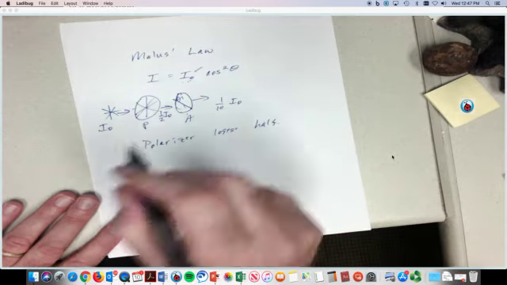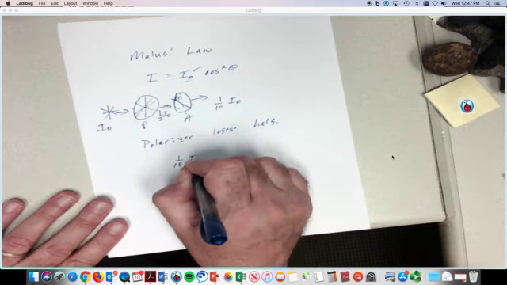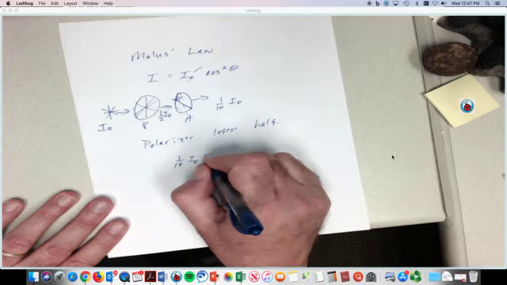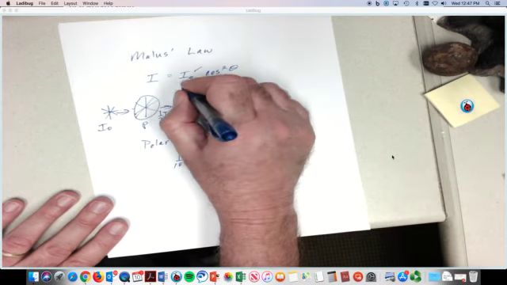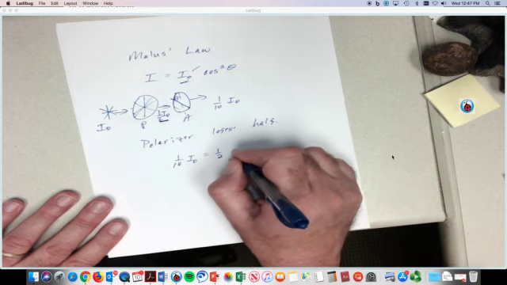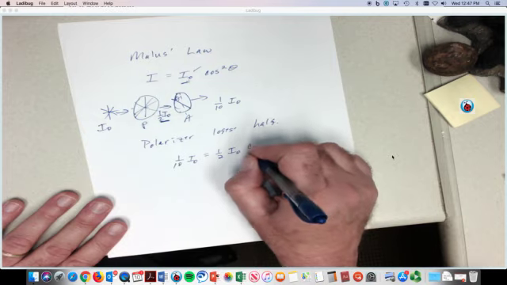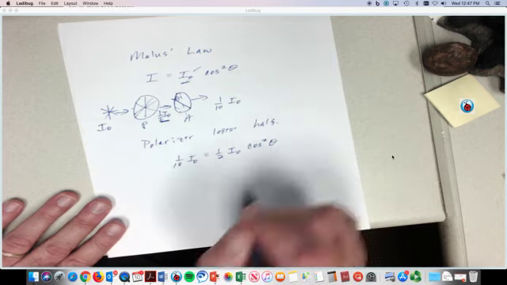We want it to equal 1/10 I naught, following Malus's law, is equal to 1/2 I naught times the cosine squared of theta.